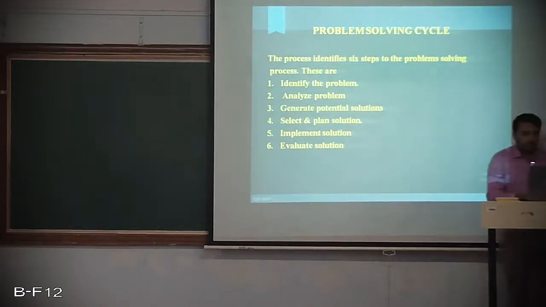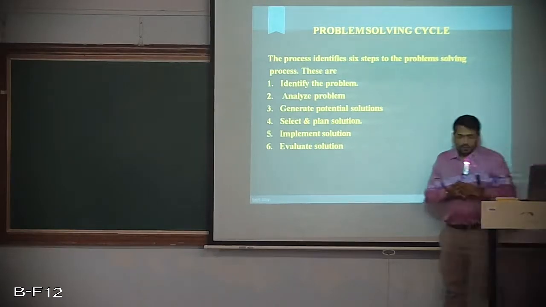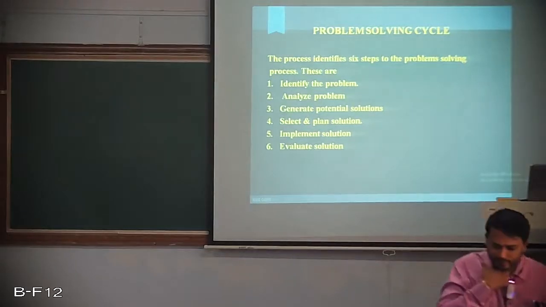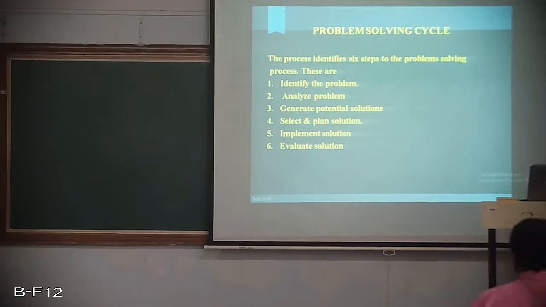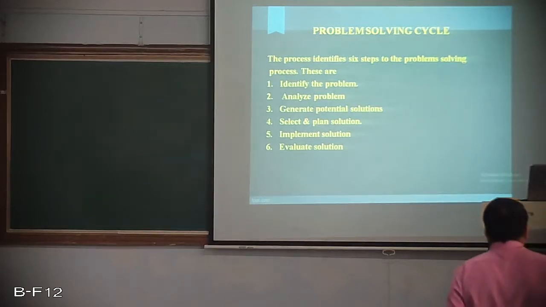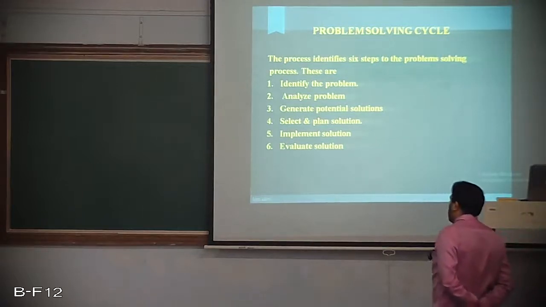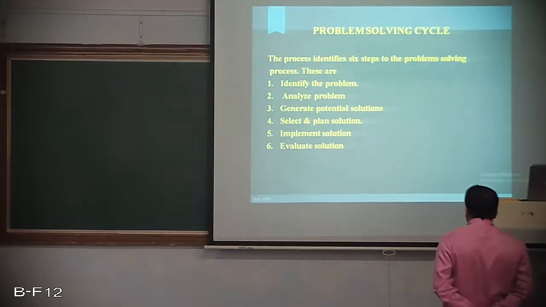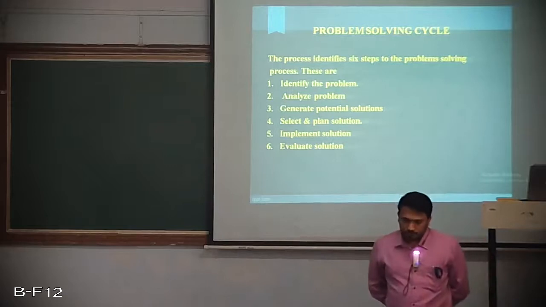Problem solving cycle. In this problem solving cycle, the process identifies 6 steps to the problem solving process. These are: identify the problem, analyze the problem, generate potential solutions, select and plan solution, implement solution, evaluate solution.